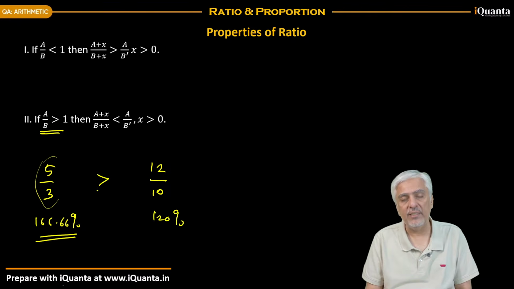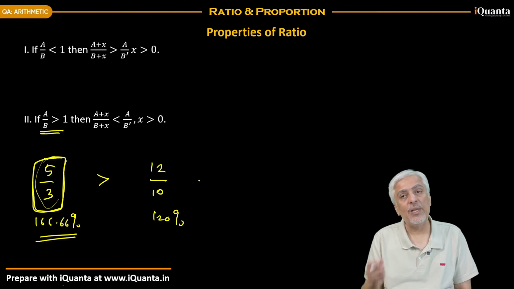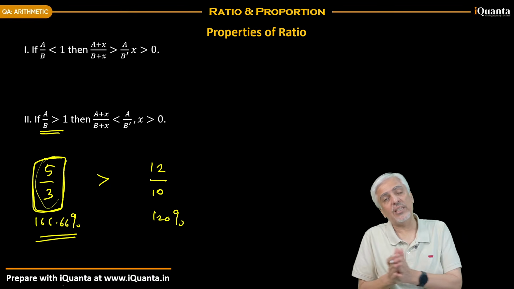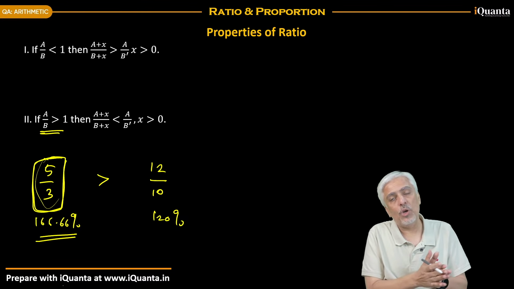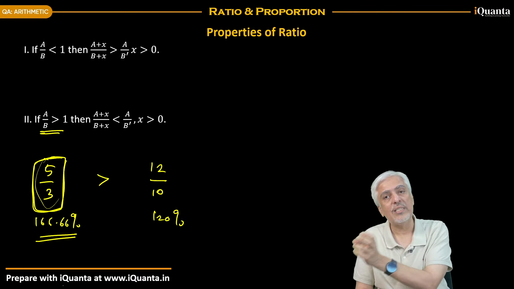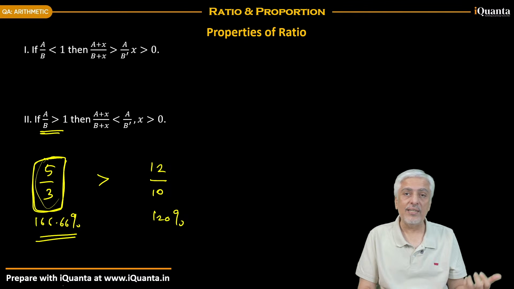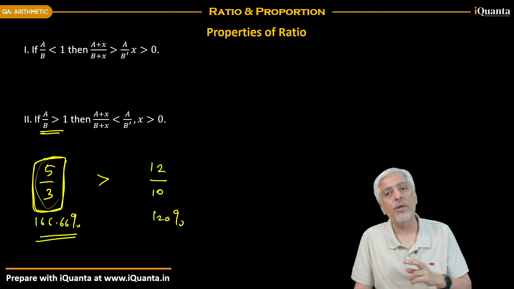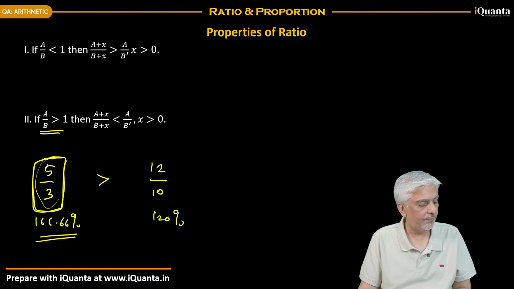That means this will be smaller. So if the fraction is already above 1 and you keep adding, the answer will keep reducing. In short, both ways, the answer will keep going closer to 100. If you're already above 100, it will keep reducing and go towards 100. If you're already below 100, it will keep increasing and go towards 100. In both cases, you are going towards 100.